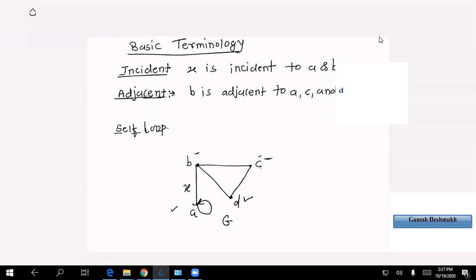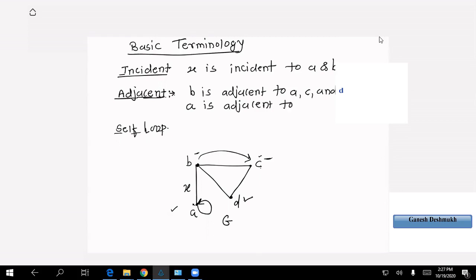So I can say B is adjacent to C as there exists an edge connecting the vertices B and C. Suppose I want to find out A is adjacent to whom?